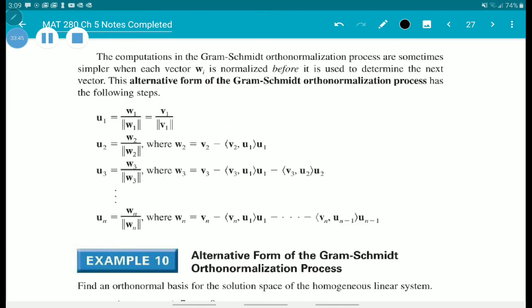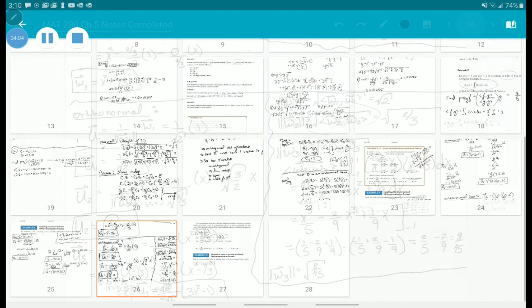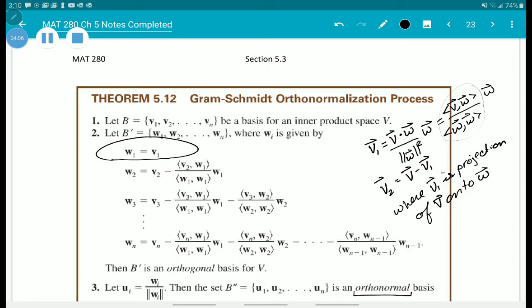Then we use that to help us find this next vector, and then we go ahead and normalize it. See how that U1 that's normalized is included in that formula here. Okay, which is essentially the same formula that we had back here.